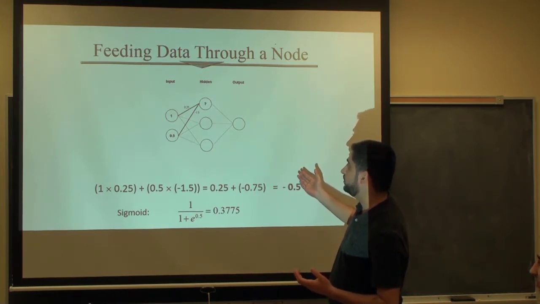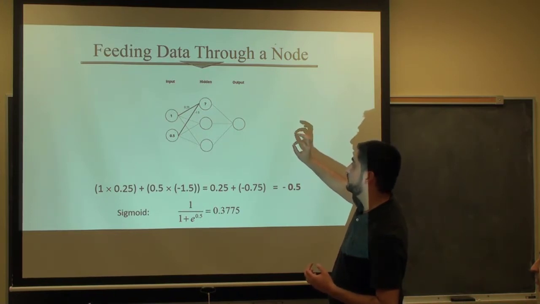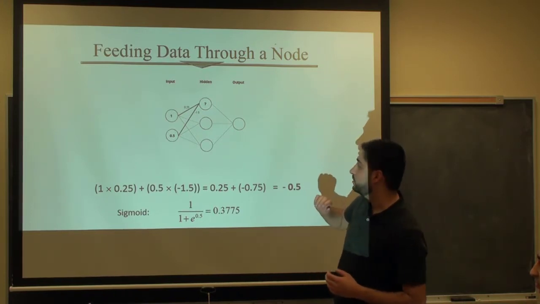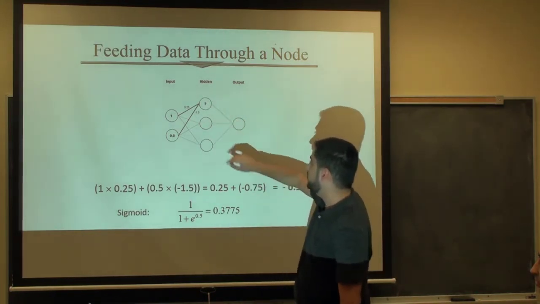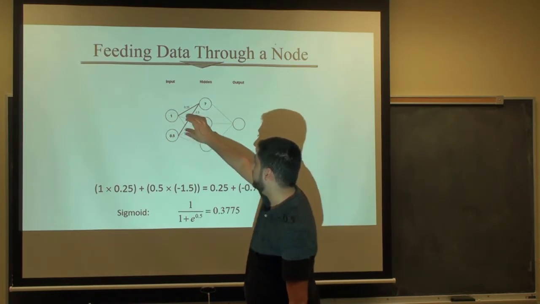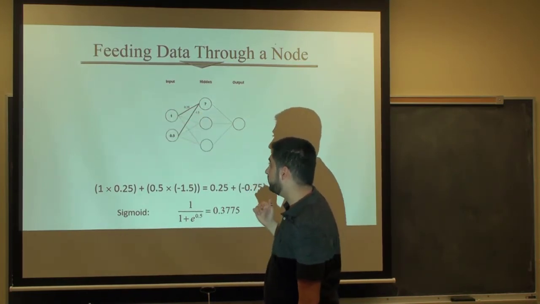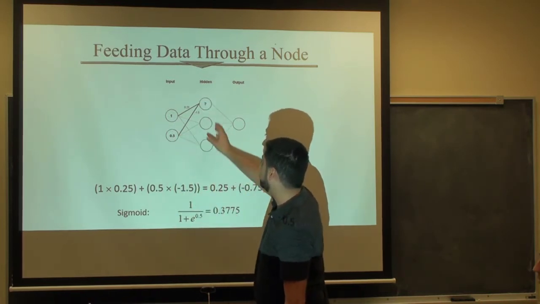To better understand the network, let's look at a single neuron calculation, a single neuron example. For this example, take this neuron. Those numbers represent the weights going from this node, or this could be input, or this could be a previous node. So this is input to this node, or to this layer.